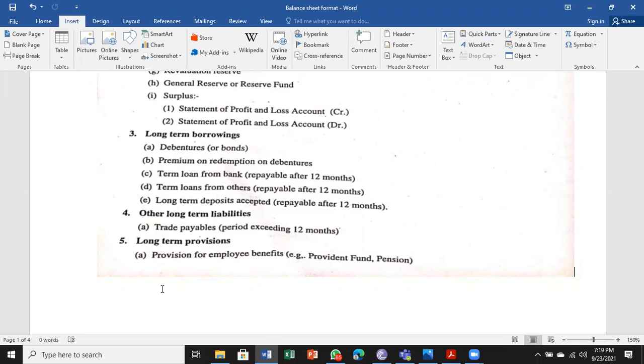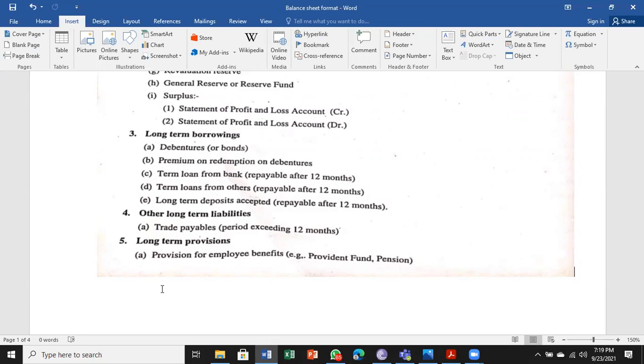Then term loans from banks of more than 1 year, because you can see there, after 12 months. Then any loan from others, maybe other companies, non-banking financial institutions, government institutions, like that.